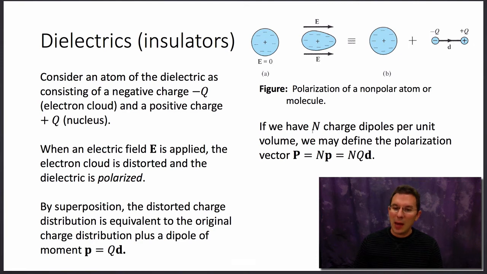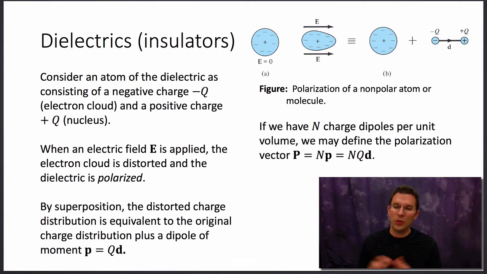And if we have capital N charge dipoles, so if you have capital N of these per unit volume, we define a polarization vector capital P that's simply equal to capital N times small p, or NQ times d. So this is a vector that allows you to deal with macroscopic volumes of things.